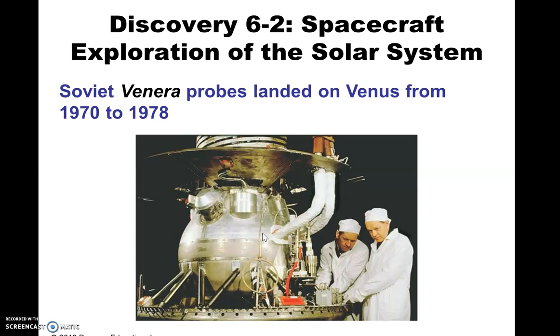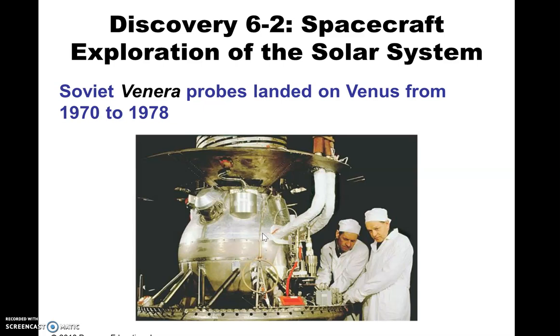Again, it's got a very thick carbon dioxide atmosphere, and the density of the atmosphere is really, really high, about 100 times more dense than that of the Earth at the surface of Venus. And so when these spacecraft landed on Venus, they lasted just a matter of minutes before the electronics just couldn't handle the high density and the extreme temperature.